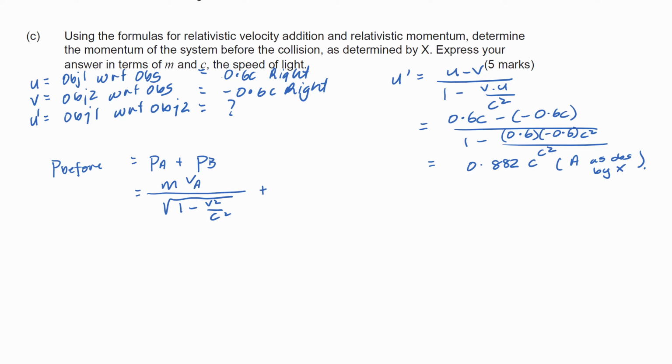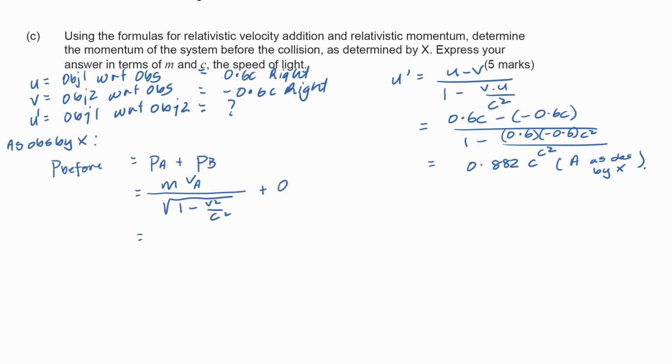Now you might be wondering, what do we do about PB? Well, particle B is moving at the same velocity as observer X. The relative velocity between the two of them is 0, so that's going to be equal to 0, as observed by X.